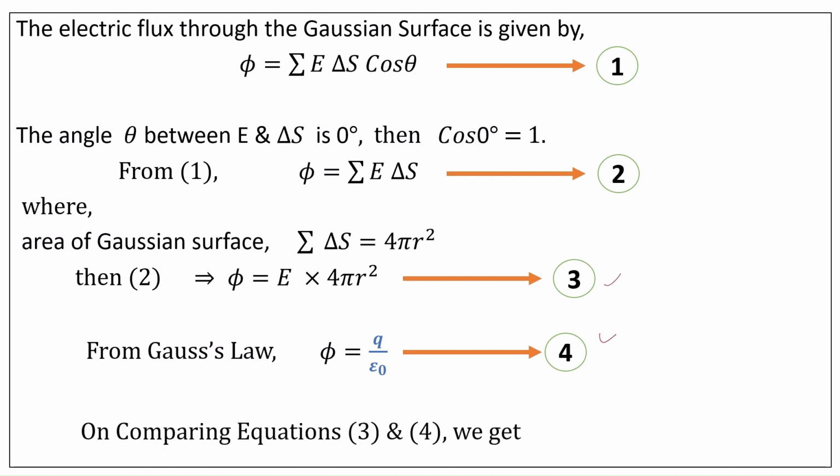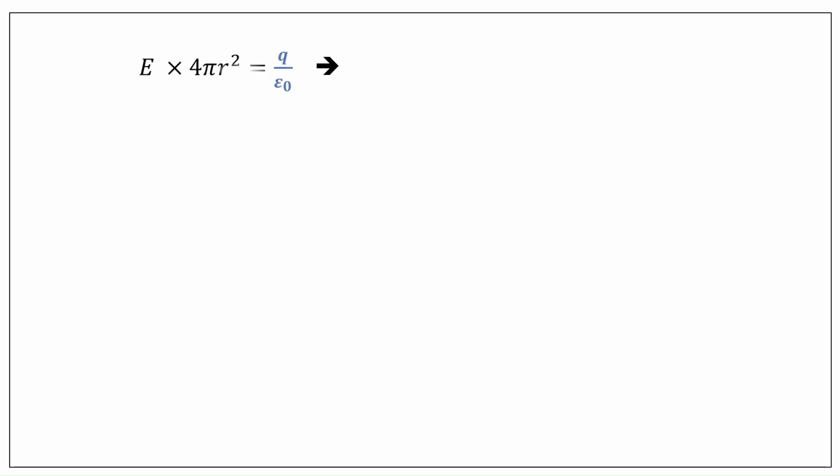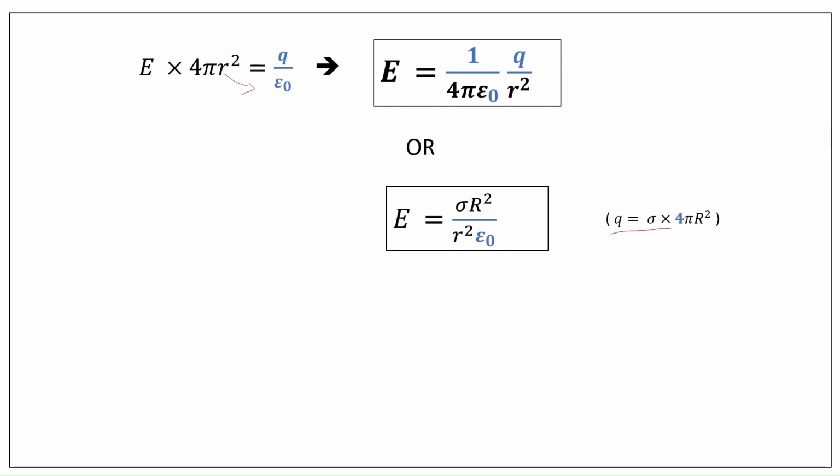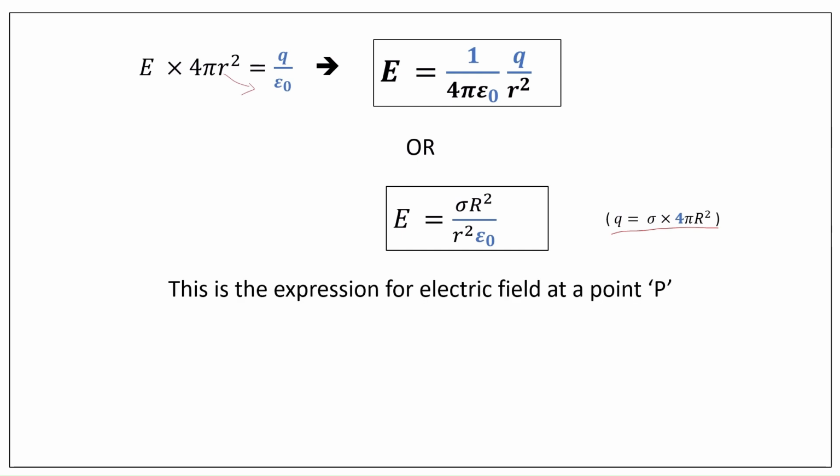On comparing equations 3 and 4, we get E into 4 pi r square is equal to Q by epsilon naught. That is, E is equal to 1 by 4 pi epsilon naught into Q by r square, or E is equal to sigma r square by r square epsilon naught, because Q is equal to sigma into 4 pi r square. This is the expression for electric field at a point P.